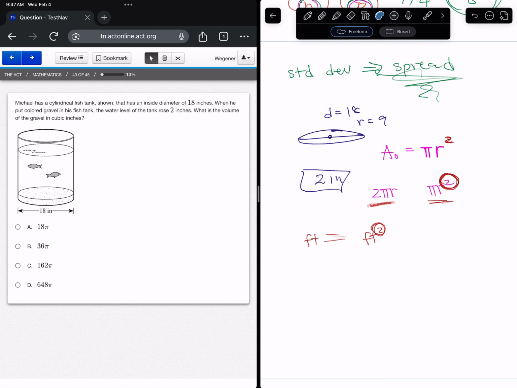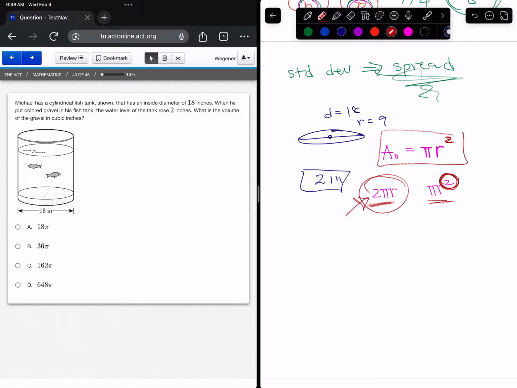That's how I distinguish between the two formulas. Okay, so this one right here is the area of a circle. Some of you guys are probably like, wait, then what is this? This one right here is going to be the circumference, okay? The circumference is just a fancy word for the perimeter of the circle, okay?